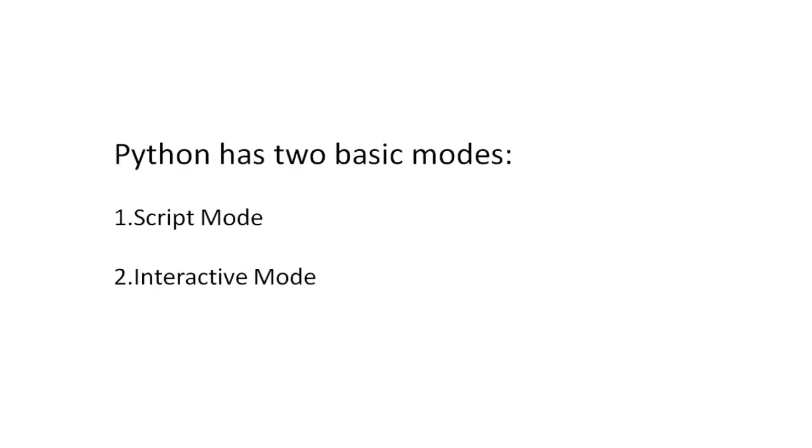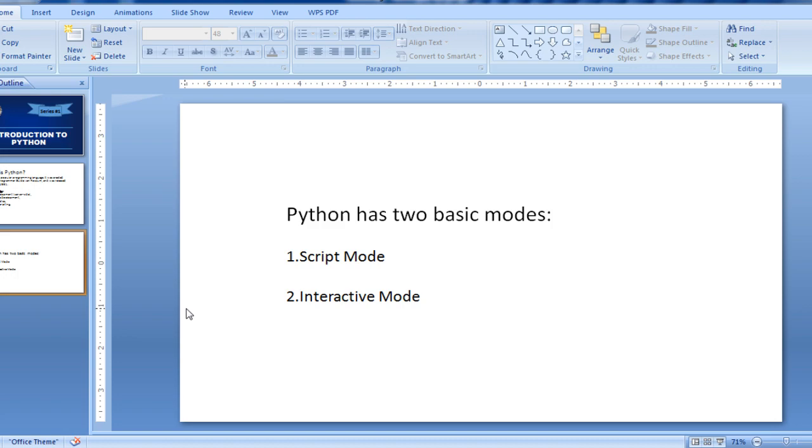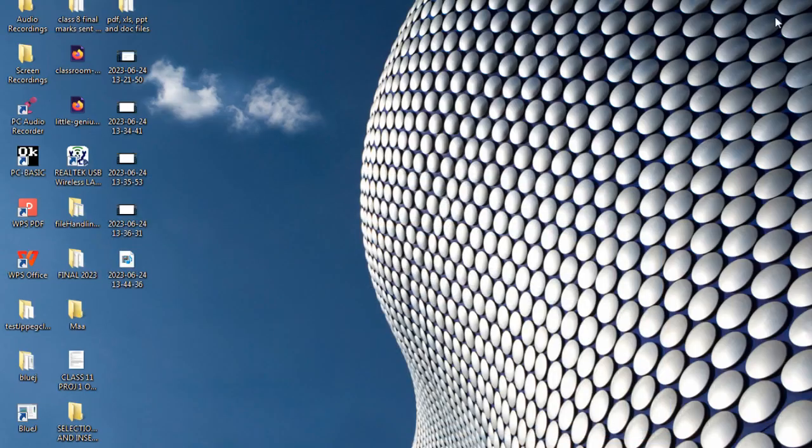Now, let us know the two modes you have in Python. The first mode, that means where you can write the command, that is the script mode, and another one is interactive mode. So let us open Python and see these two modes, right?